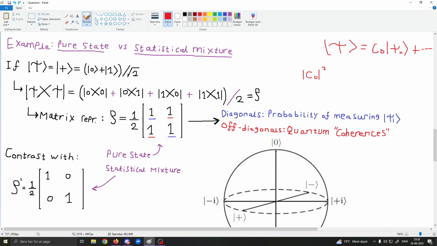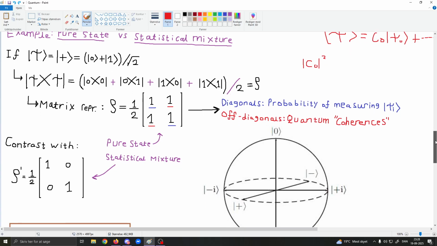Now, there's another aspect to this matrix, which is the off-diagonal elements. The off-diagonal elements are something we call quantum coherences. A coherence is sort of like a measure of how quantum our system is.